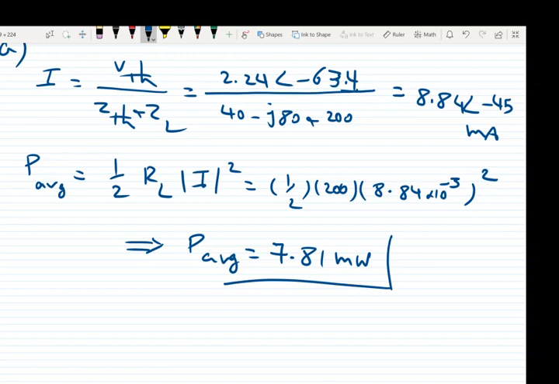Part B. Part B says what is the maximum average power available at the interface.